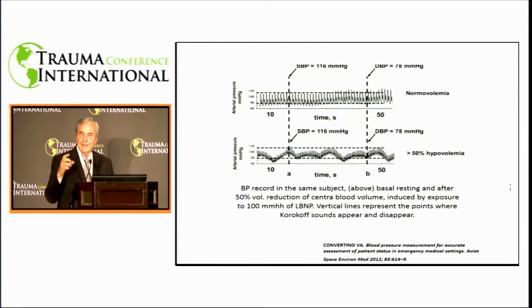But in a simulation of circulating volume loss through negative pressure of the lower part of the body, which is what brings about hypovolemia, almost as if it were real, and when you take it to different magnitudes, you can see that the numbers for arterial pressure continue to be on the bottom part 116 and 78.